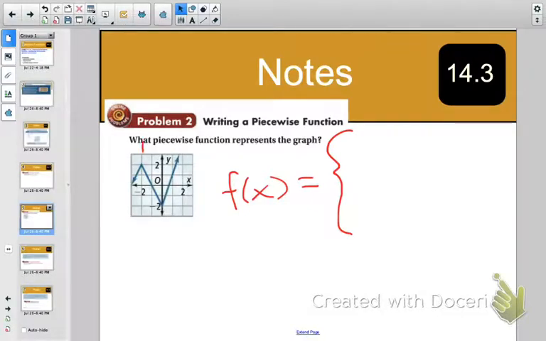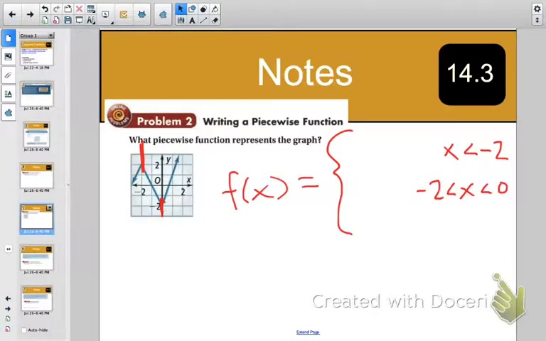This one breaks at negative 2. So for the one on the left, I'm going to say x is less than negative 2. Notice there are no open or closed circles here, so you actually get to pick whether it's open or closed. If I leave this one open, that just means I have to close the next one. The next one goes from negative 2 to 0, so negative 2 is less than x is less than 0.